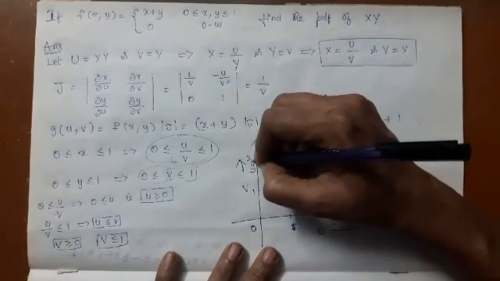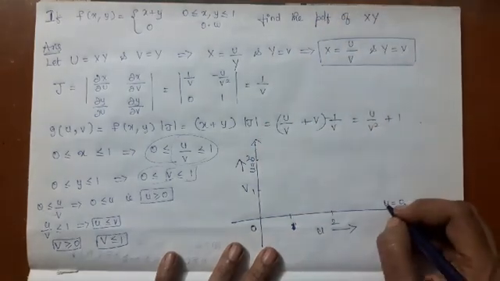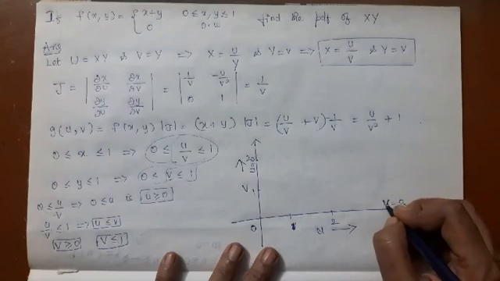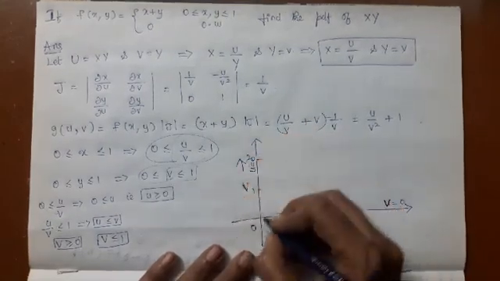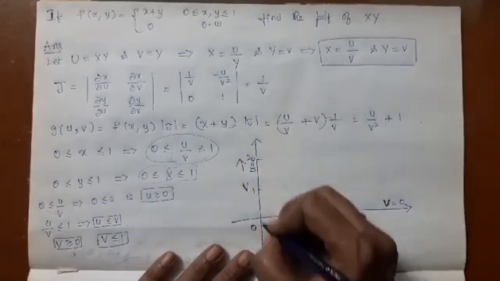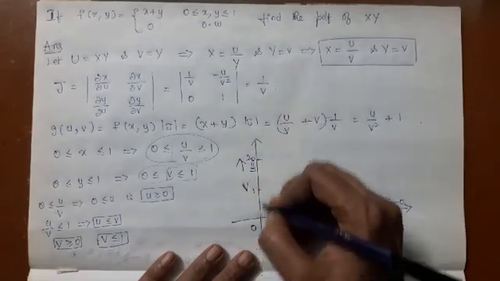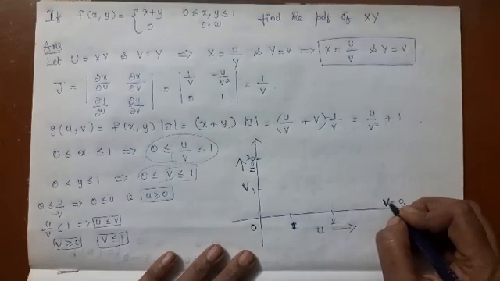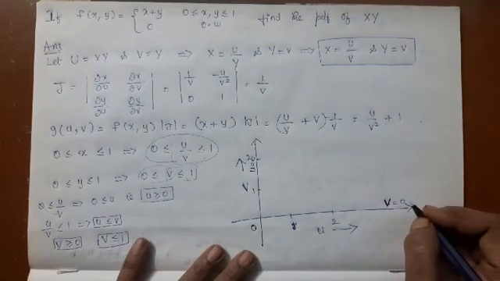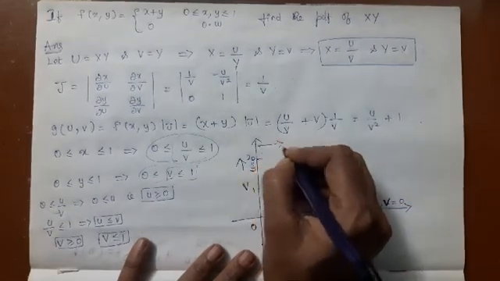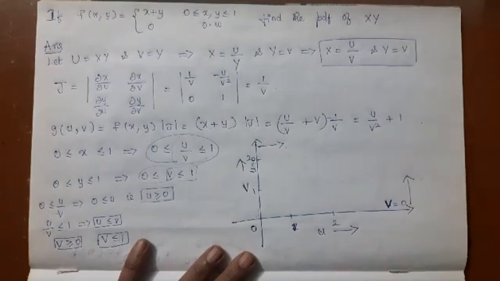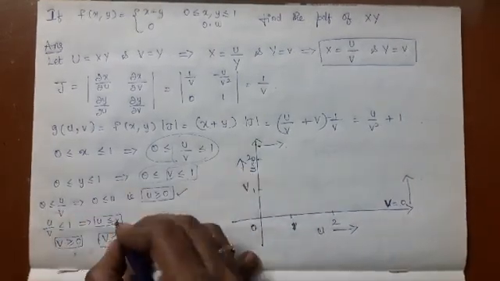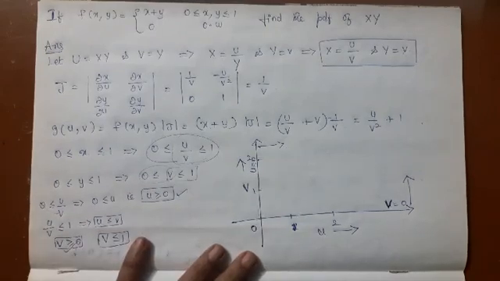On this line u is equal to 0, and on this line v is equal to 0. We have represented v values on the y-axis. So the equation of this axis is u is equal to 0 and this is v is equal to 0. So u greater than 0 means this area, v greater than 0 means this area. This has been represented.